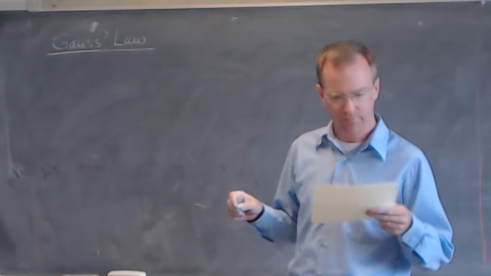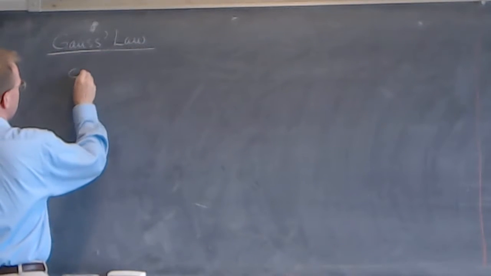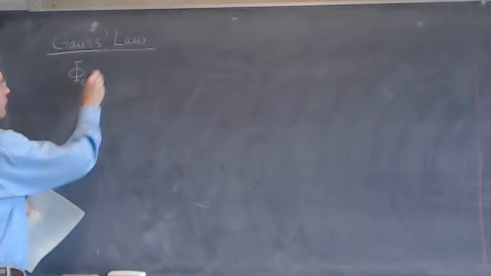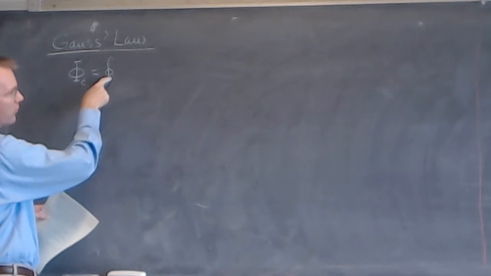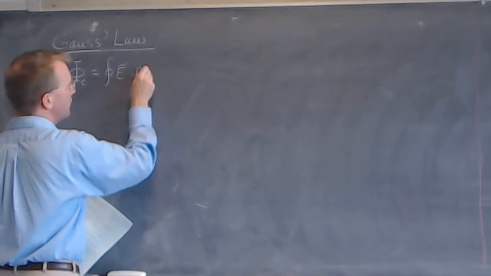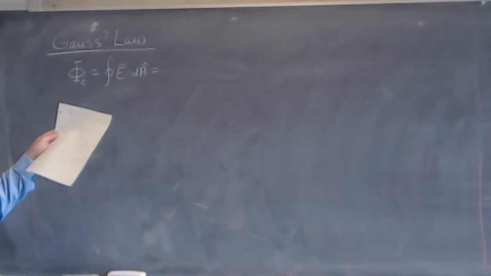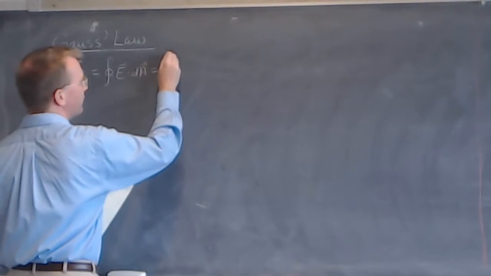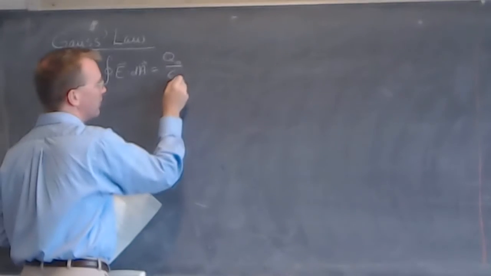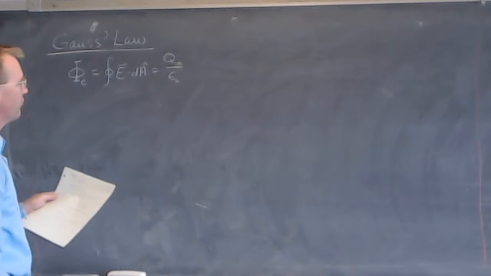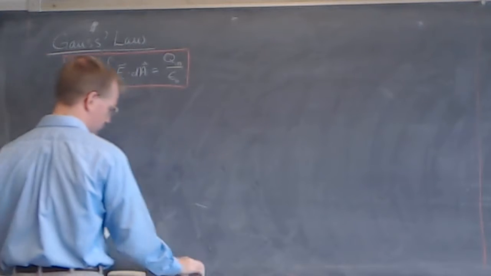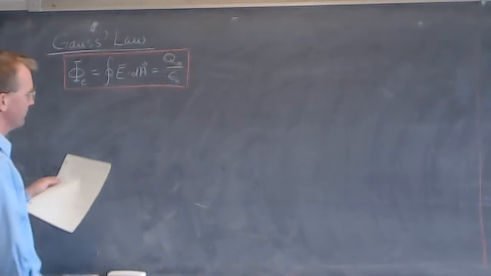He had found out that the electric flux through a closed surface, the closed surface integral of E dot dA, that flux is equal to the net charge enclosed within the surface divided by the permittivity constant, epsilon naught. Okay.